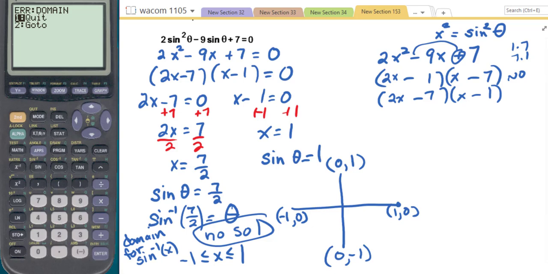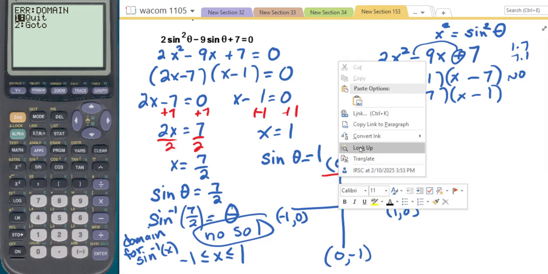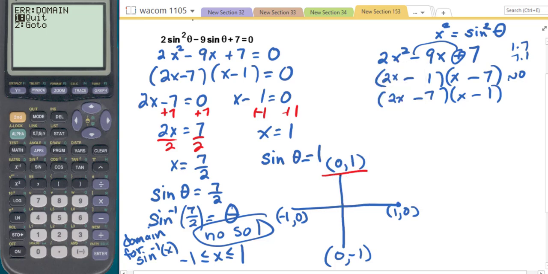So we want this one, and that is this point here, because sine is your y. And so to get to that point, this is going to be pi over 2. And since we had to throw away the first answer, this is our only answer.